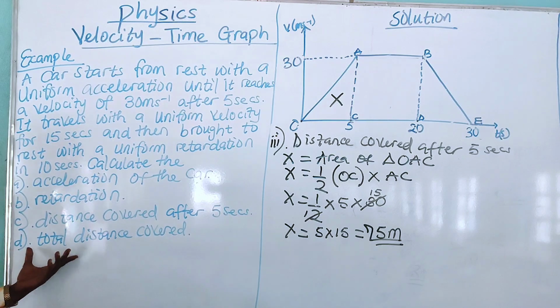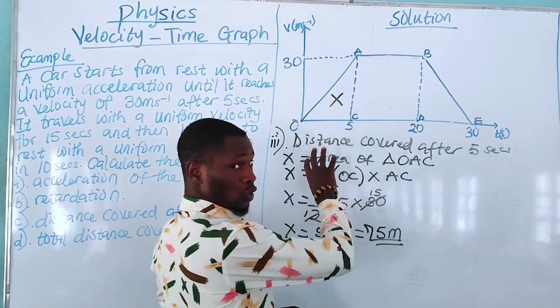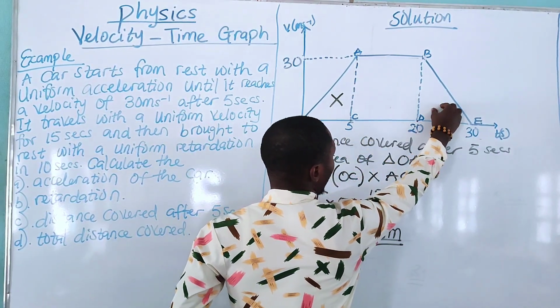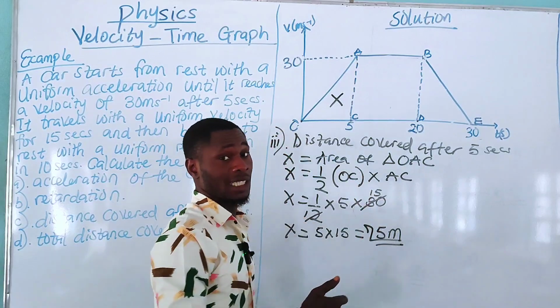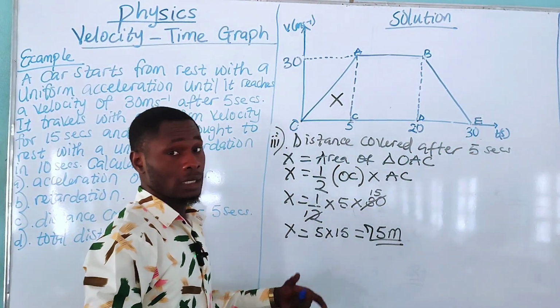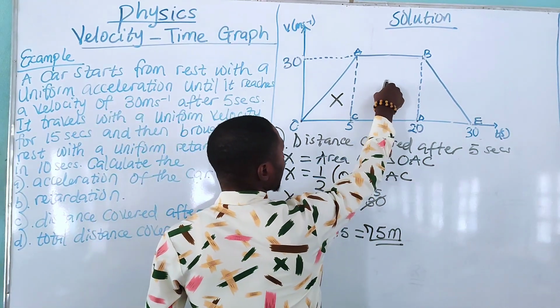Lastly, we're asked to find the total distance covered by the body. For us to find the total distance, we also need to find the area of this square and the area of this other triangle. Then we add the three of them up, since it is the whole journey that we are looking for. So I'll have to also find the area here.